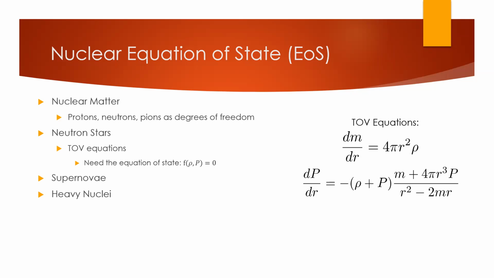Neutron star astrophysics is a pretty popular area of research right now. Techniques like this, though more sophisticated, will be increasingly relevant, and of course we'll be needing the equation of state.